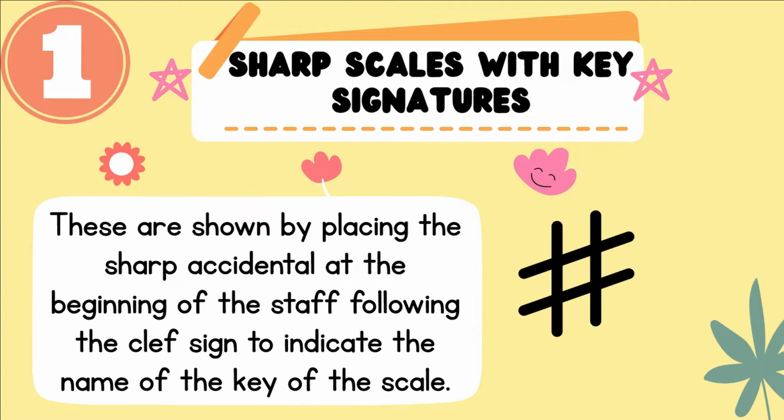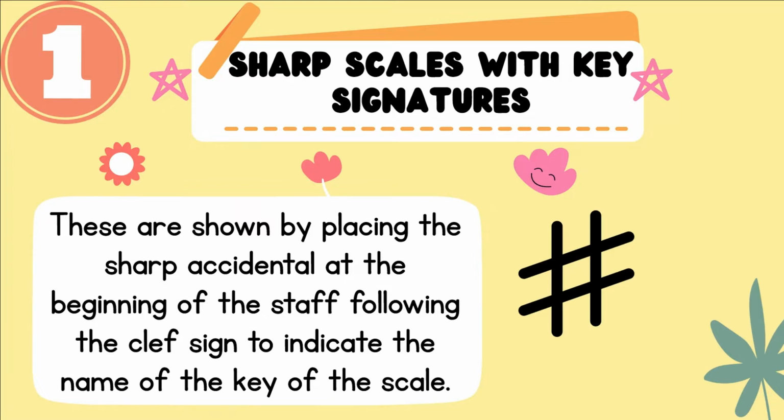So on the staff, after the clef, this sharp sign is placed there, depending on the number, and it tells us the key. Once we place that sharp sign there, that tells us the key, and then we just put the notes to represent the scale.